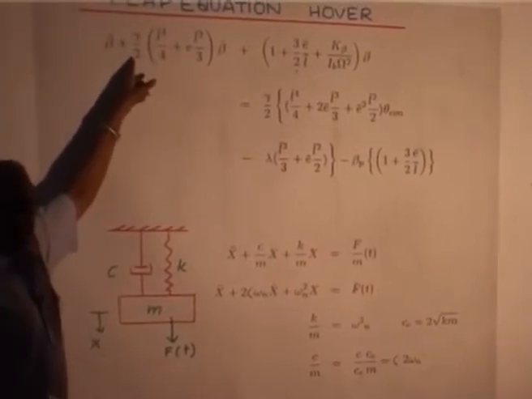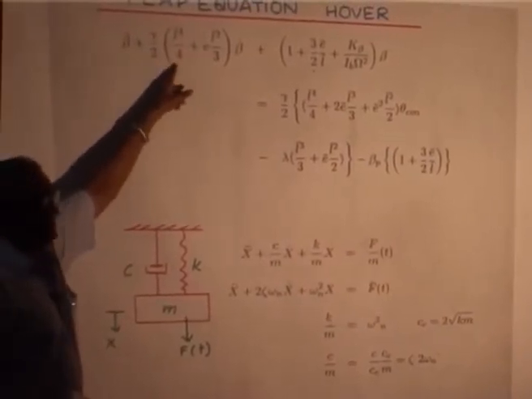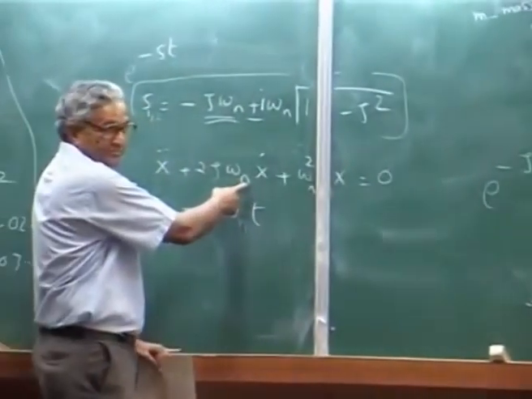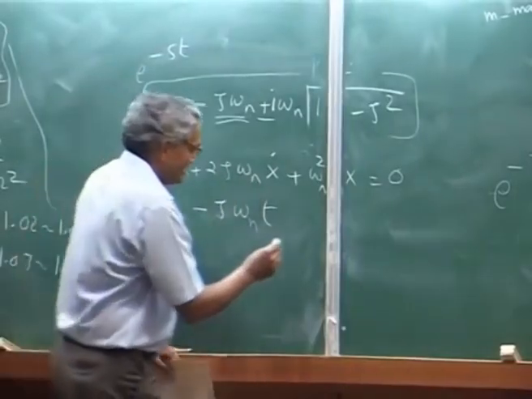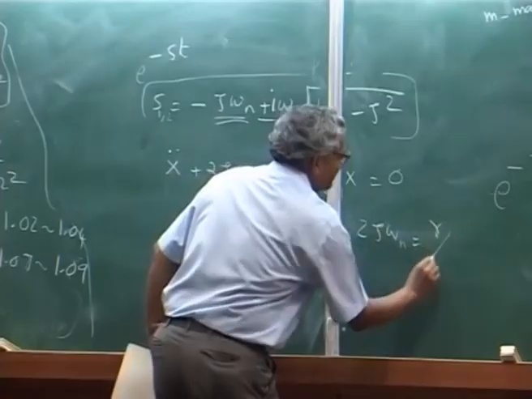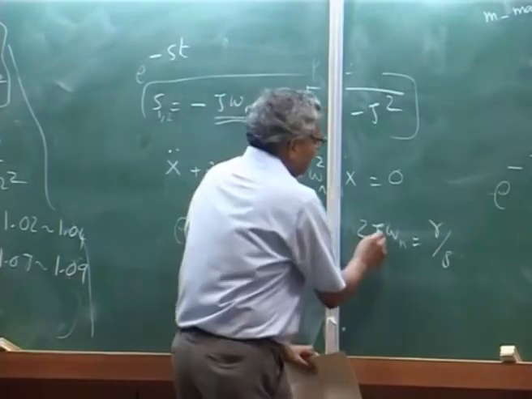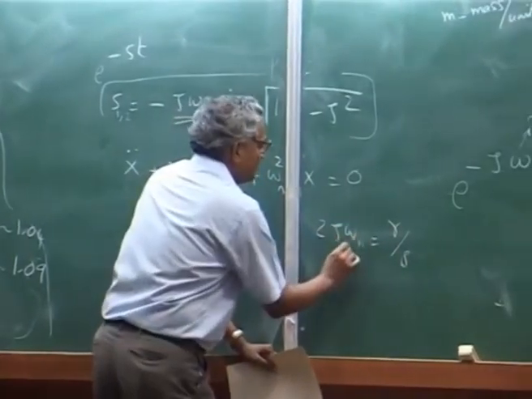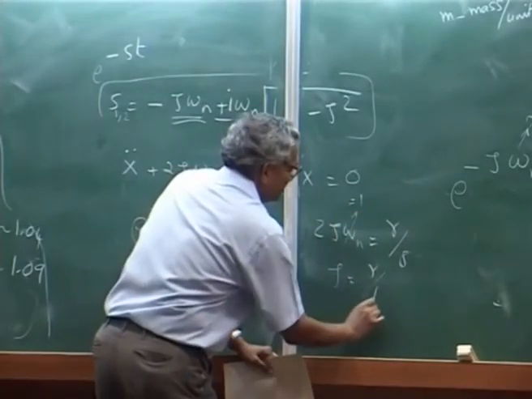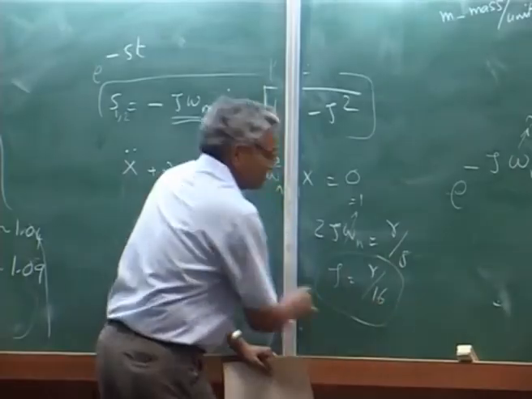So, what is our zeta omega n from here? You look at our equation, 2 zeta omega n is gamma over 8, approximately. That means this is taken as 1. So, zeta is gamma over 16.